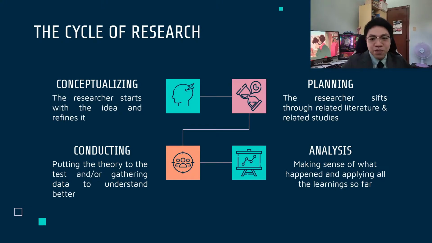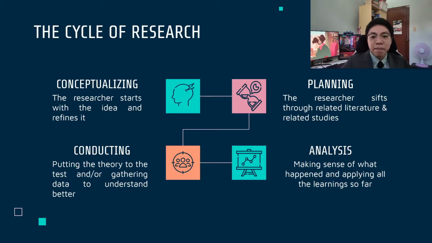So, first of all, as someone who is curious or just someone who simply asks a question, gets an idea, that person is already in the conceptualizing stage. So this is where a researcher would start with an idea and asks, how will this idea be solved?